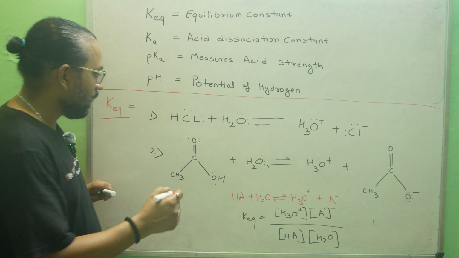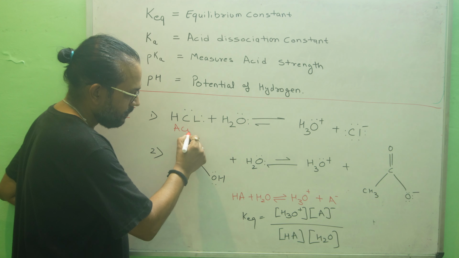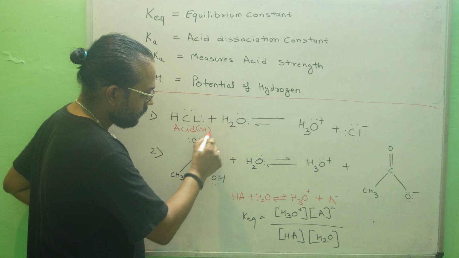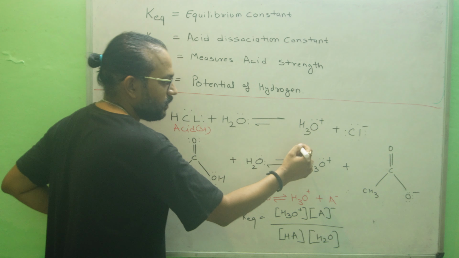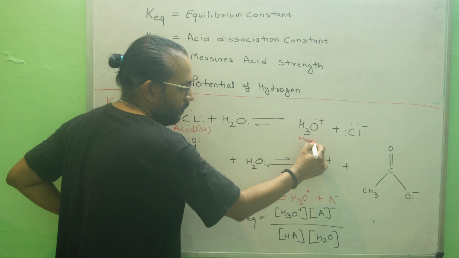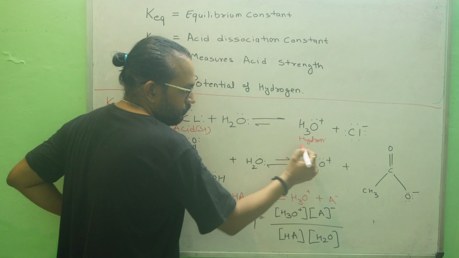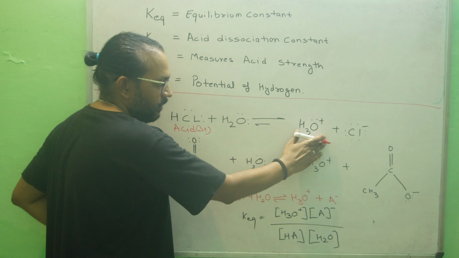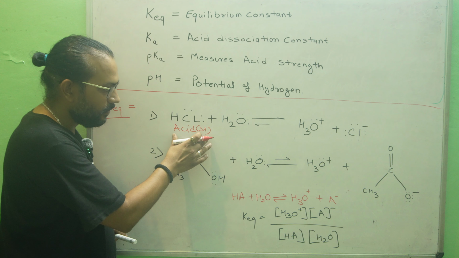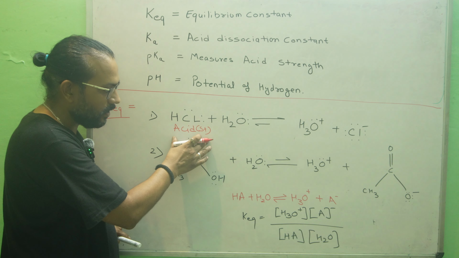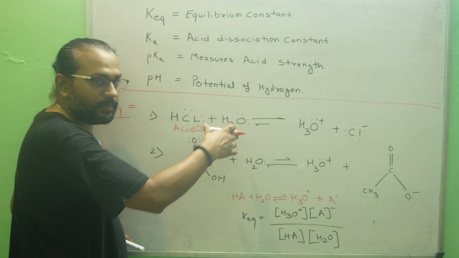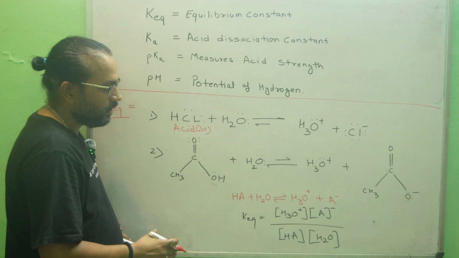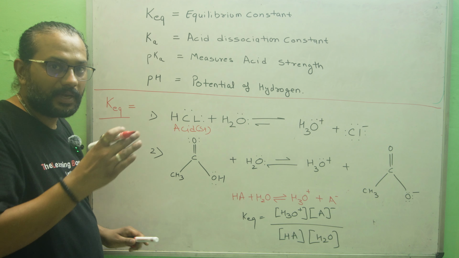So here HCl is an acid, and a strong acid. When dissolved in water, it leads to production of a hydronium ion and the chlorine ion. Here the acid acts as a proton donor, whereas the water acts as a base. Now there is an equilibrium.